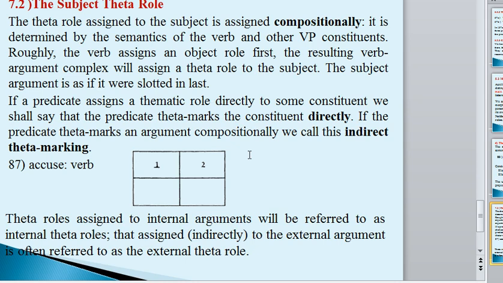Okay, this is the end of the chapter. In this chapter we talked about the theta roles, the definitions of the main theta roles like agent, patient, theme, goal, and experiencer, and the relationship between the verb and its arguments. Then we talked about the expletives like it and there.